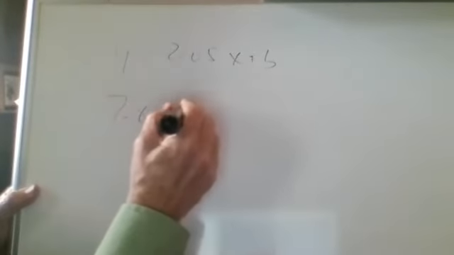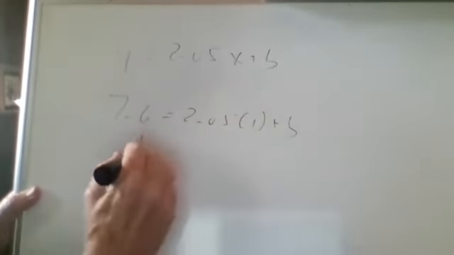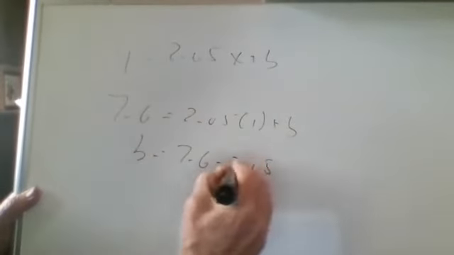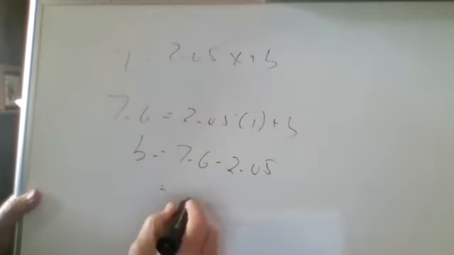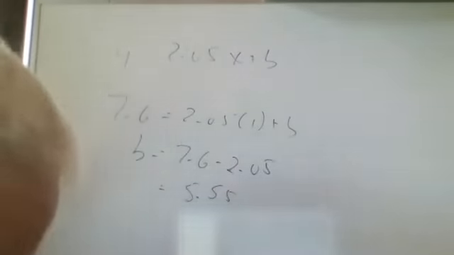Let's take the 1 and the 7.6. So 7.6 equals 2.05 times 1 plus b. So b is 7.6 minus 2.05, which is 5.55, okay?